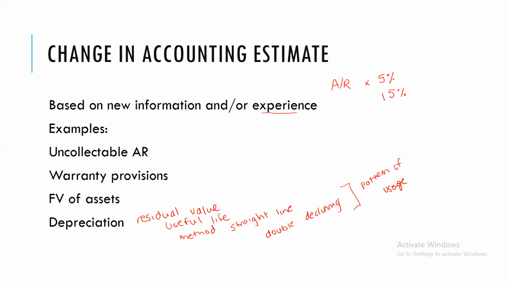So if you think that it should be straight line, but then you realize based on new information or experience that it's actually depreciating a lot faster than you would think at the beginning, then you would change it to double declining. Okay, so pattern of usage is an estimate that you're doing. So the residual value, useful life, and the method, whether it's straight line, double declining, or machine hours, any of those can change.